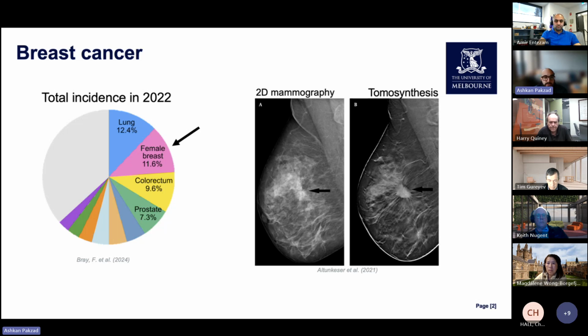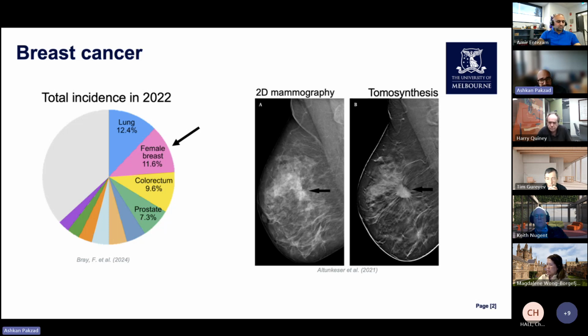showing how we can take apart layers in the imaged breast. And so in tomosynthesis, this is done by capturing multiple X-rays through a limited angle.